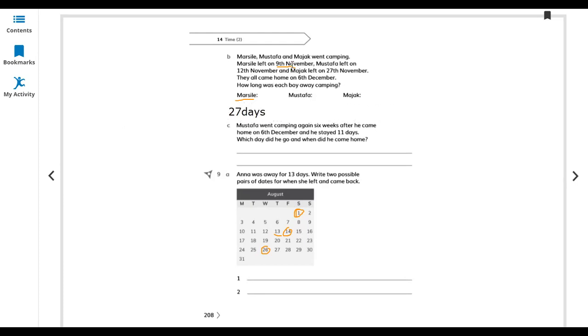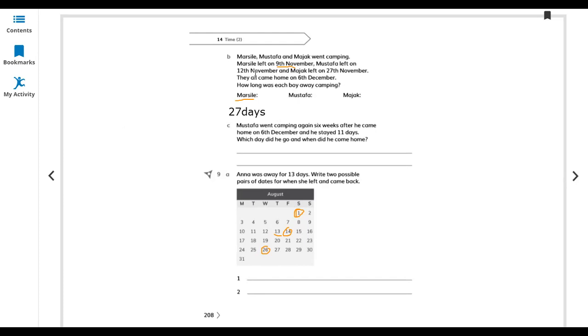Again, from 9 November until 6 December: 21 days from November and 6 days from December, 27 days. We can write 27 days here.